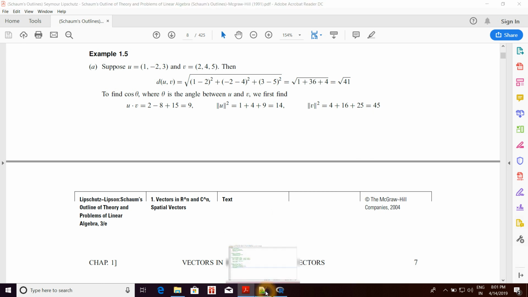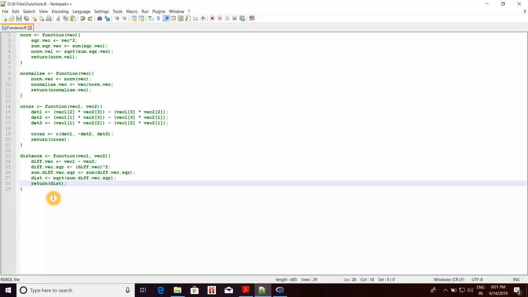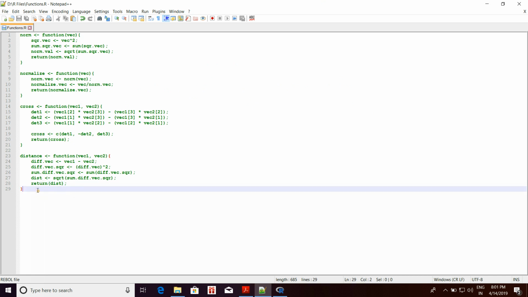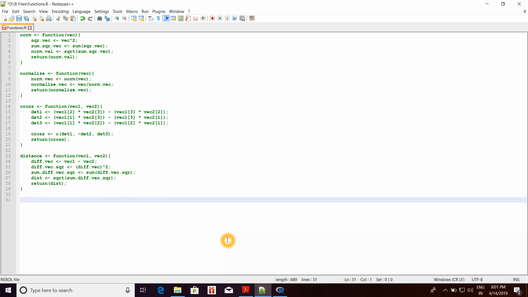So in order to do that, this will be theta, maybe cos theta, or maybe just the angle, is equal to function.